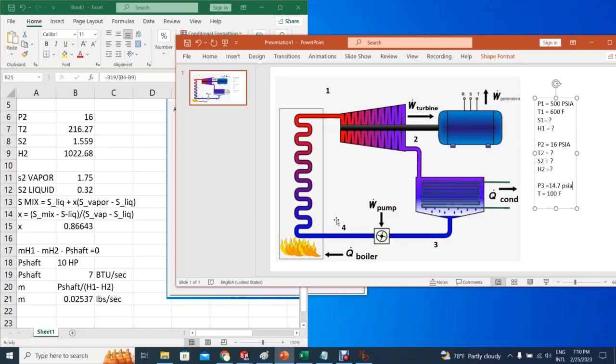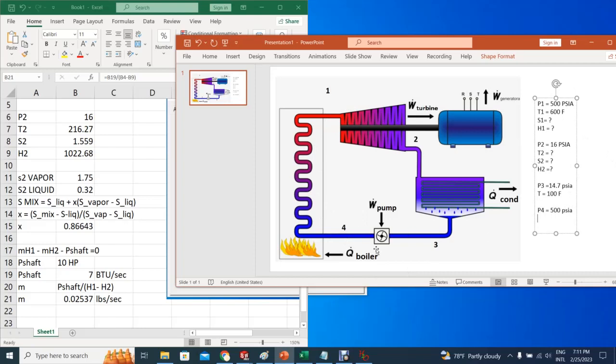So you are going from this condition to this new condition. What would be condition 4? The pressure has to be basically the pressure of the boiler, and that has to be about 500 psi easily. If not, we are in trouble. So we need to go back to that pressure. And what would be the temperature of 4?